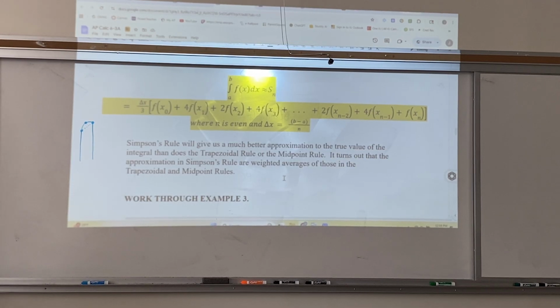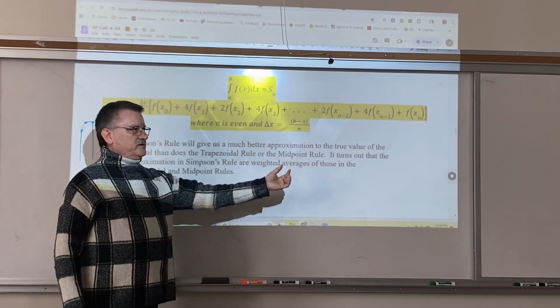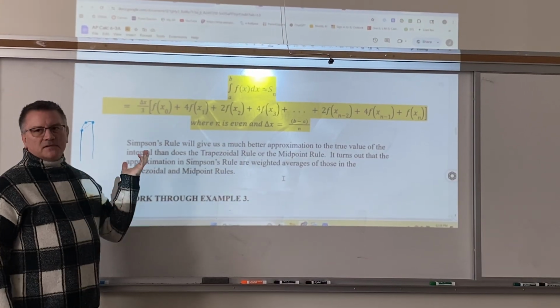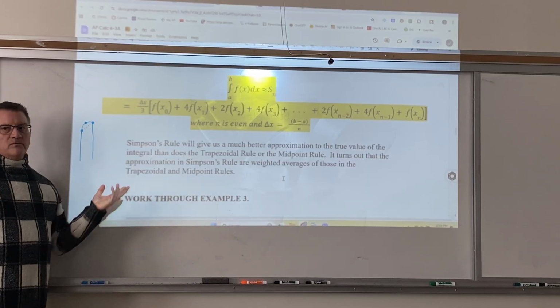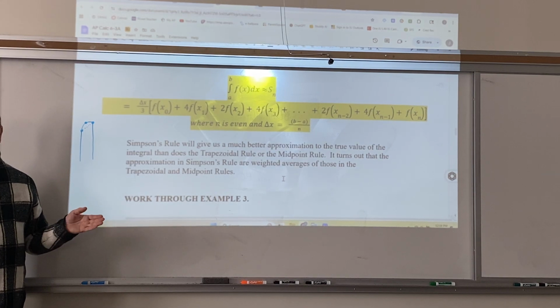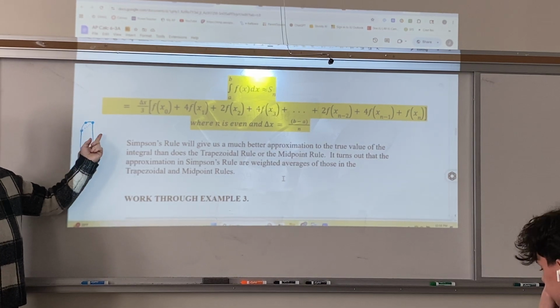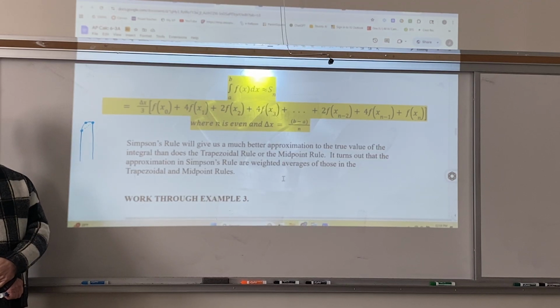However many pieces you're going to have, it's still the same change of x. We're going to make each width the same. In Simpson's, we're going to divide by 3 instead of 2. Trapezoid divides by 2, but because we're using 3 points here, not 2, we're going to divide by 3.